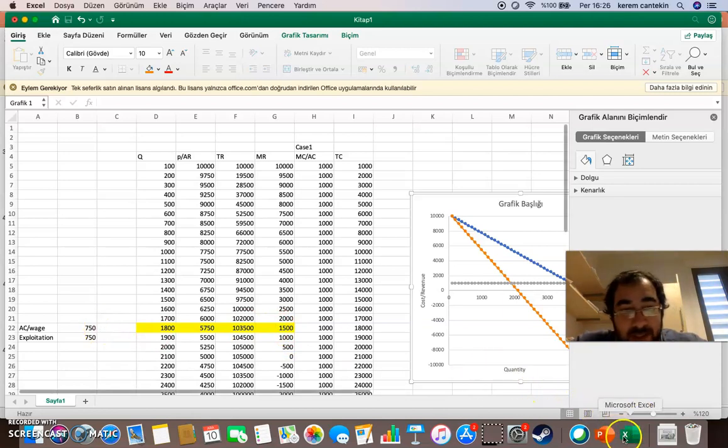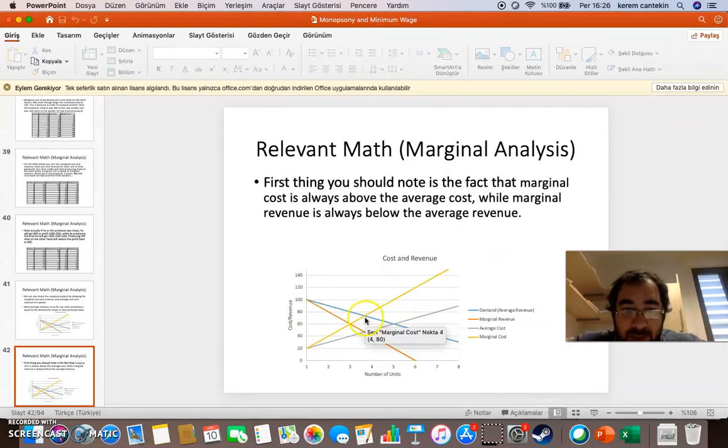The wage is equal to 750, and average cost will be equal to average revenue, which will be 5,750. So this will be 5,750, this will be 750, and this will be 1,500, and the quantity of the labor force will be equal to 18,000 basically. The quantity here.